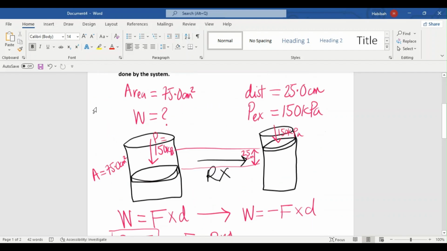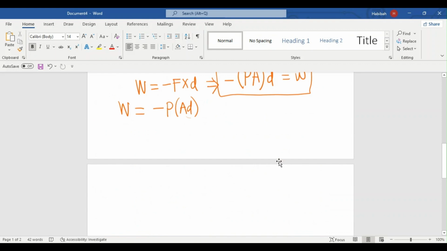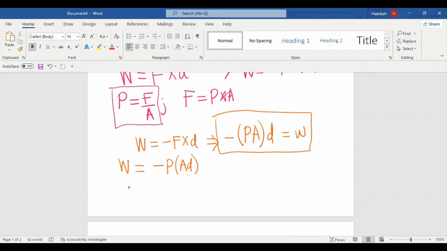So we have the value for area to be 75, and the value for the distance to be 25. Looking at area times distance, 75 centimeter squared times 25 centimeter would give you 1,875 centimeter cubed.